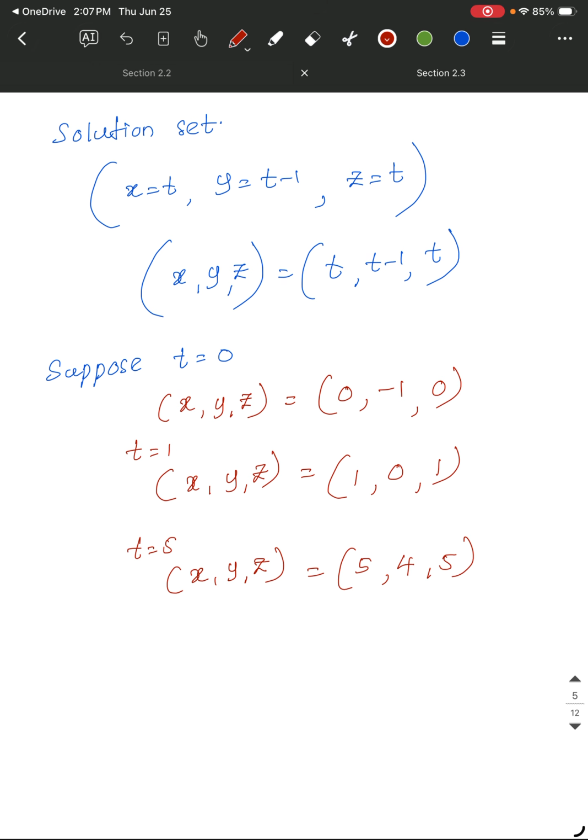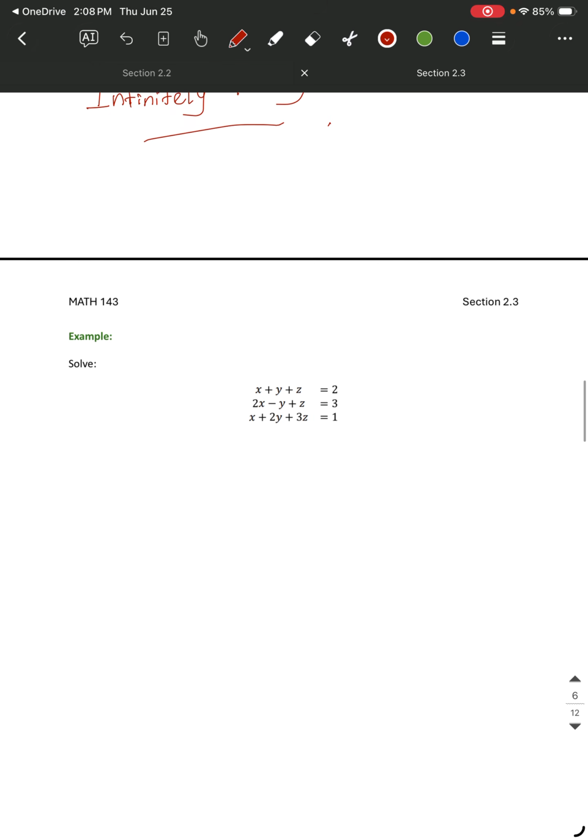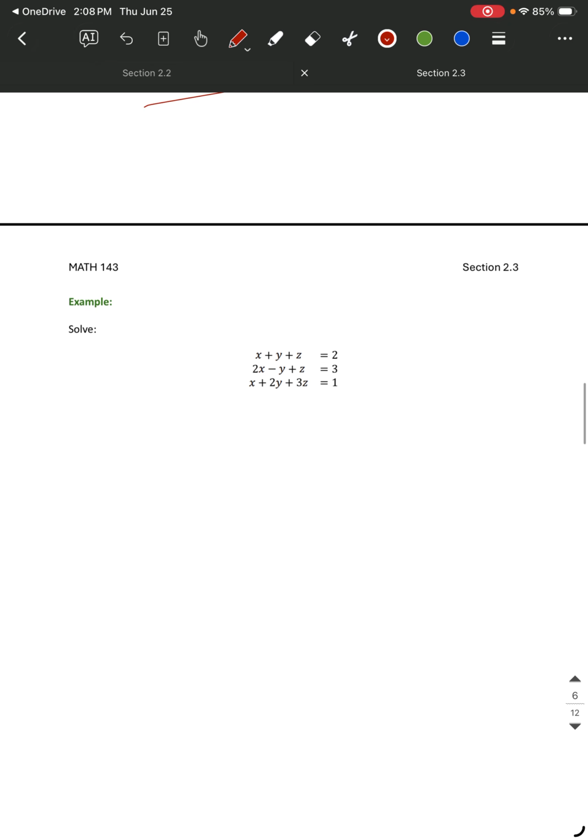What happened? When t changes, the solution set changes. That means there are infinitely many solutions. Okay, let's go through the next example quickly.